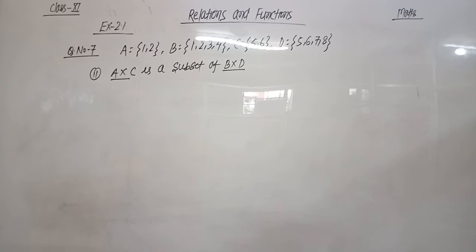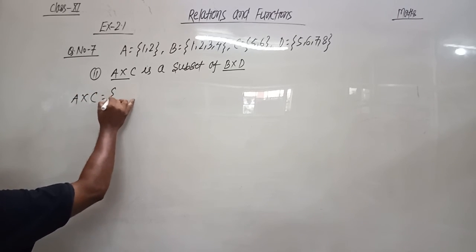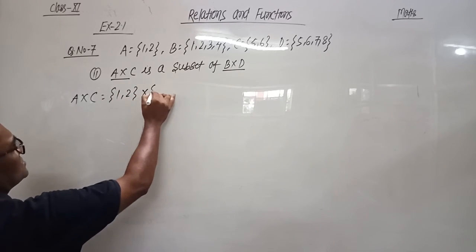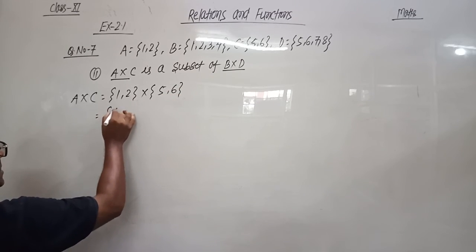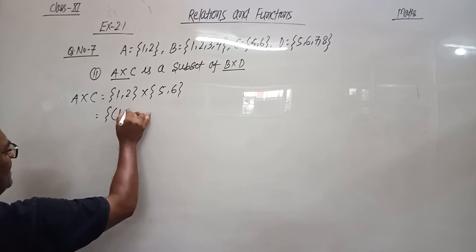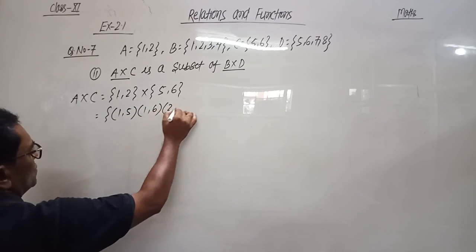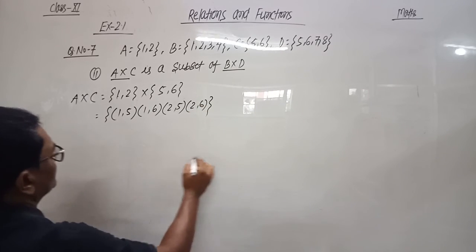So first we find A cross C. A cross C means 1 comma 2 cross 5 comma 6, and the ordered pairs will be 1 comma 5, 1 comma 6, 2 comma 5 and 2 comma 6.